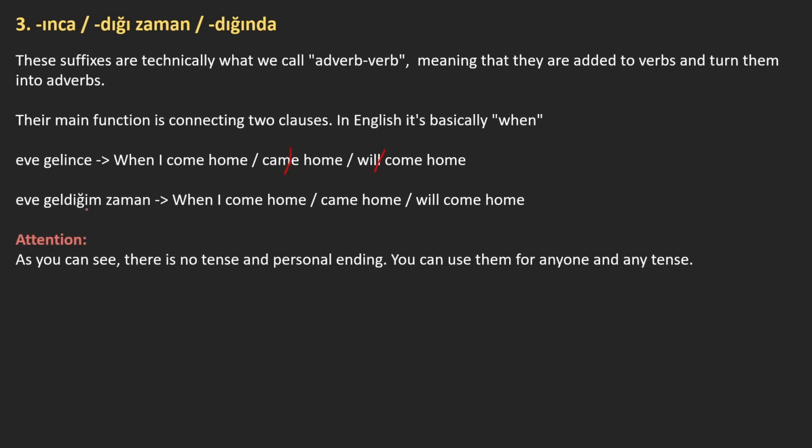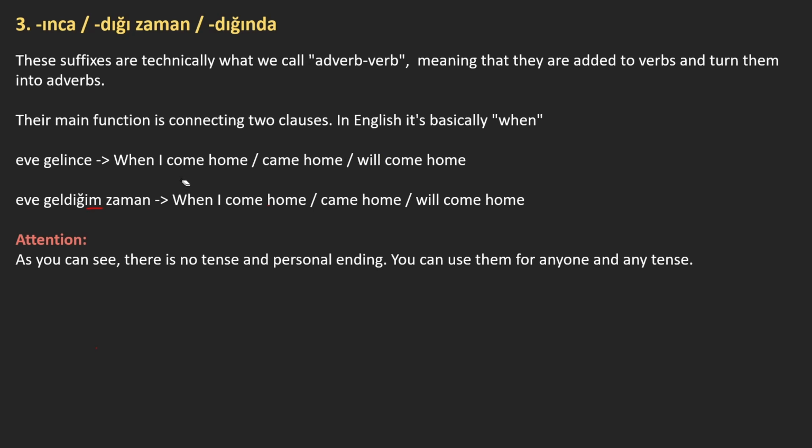Except for this one, you have this indicator, ben eve geldiğim zaman. But for ince, there's no tense and there's no personal ending. So context will tell you who we are talking about.